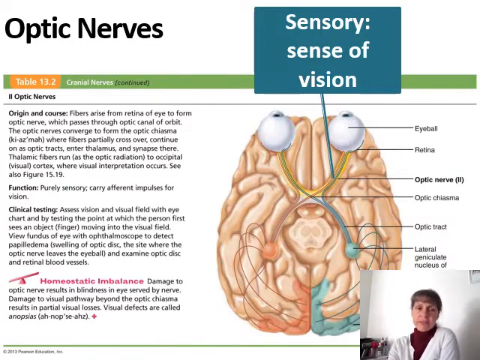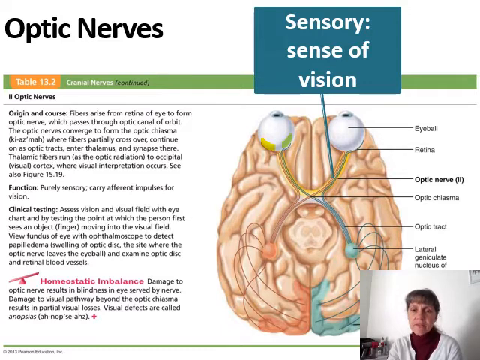Cranial nerve 2 is the optic nerve, and you'll notice that if you look closely, there are fibers that emanate from the lateral aspect of the eyeball as well as from the medial aspect of the eyeball.